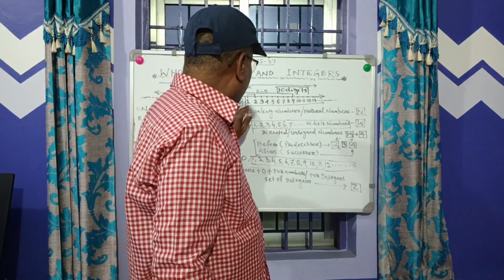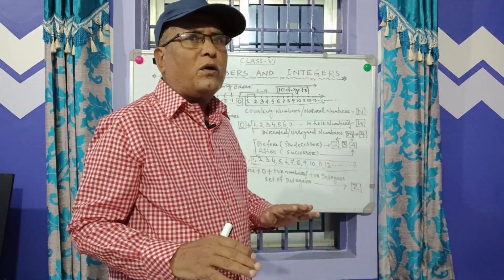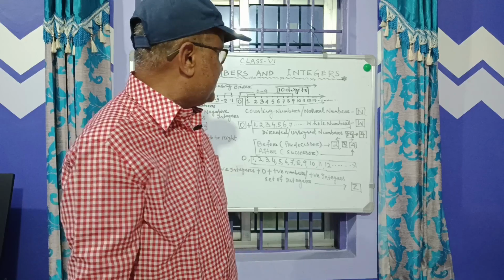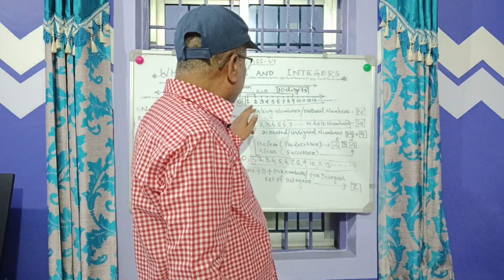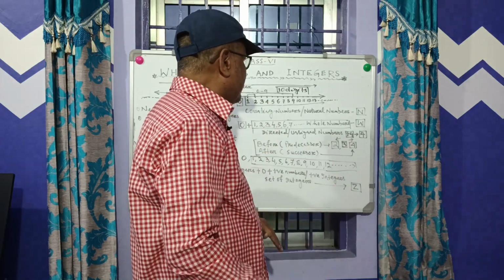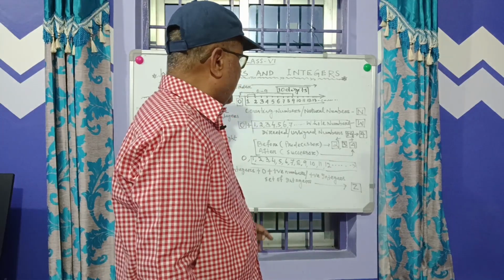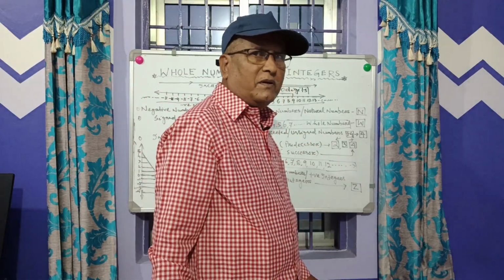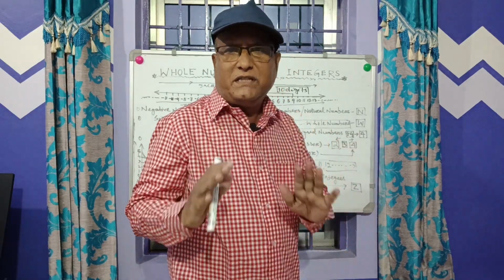So 1, 2, 3, 4, 5, 6, and so on. These are called counting numbers and natural numbers. But you see, these numbers are otherwise called positive numbers and unsigned numbers. Whenever we write plus 4, it implies that it is positive.